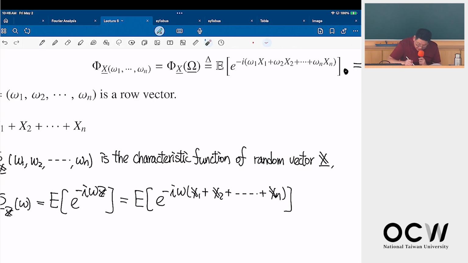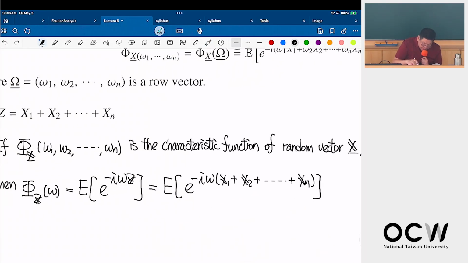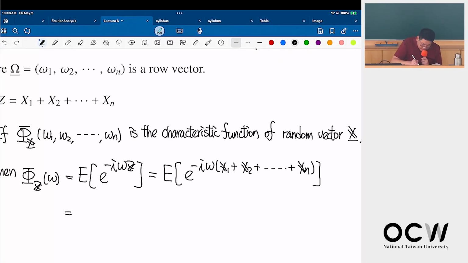So here we have e to the i omega x1, e to the i omega x2. So you put omega 1, omega 2, omega n all as just omega. Here we have the characteristic function of x, but with all omega instead of omega 1, 2, 3, we have omega only.